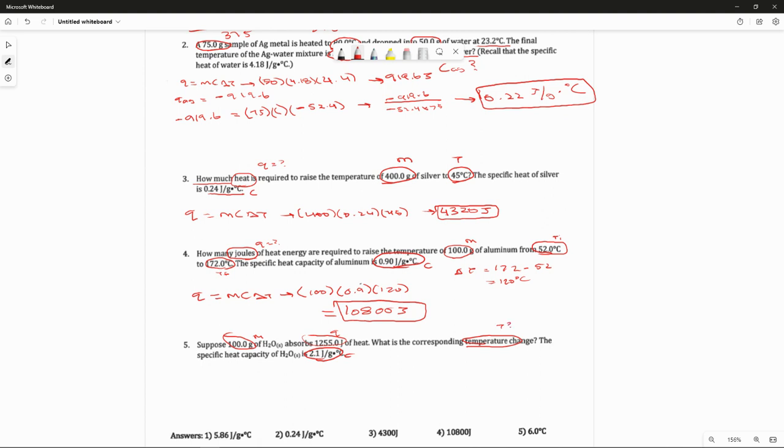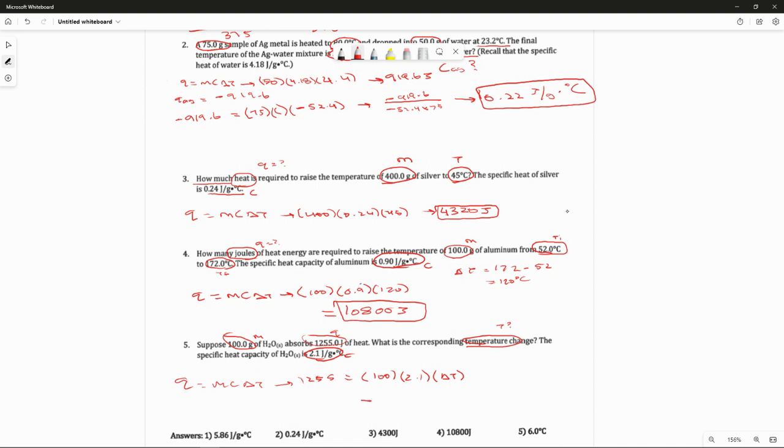Now, all you got to do to set it up is use the same equation, Q equals mc delta T. And then you're going to plug in, this time, for Q, 1255 equals mass 100 times C 2.1 times some delta T. And now all you got to do is multiply 100 times 2.1 and then divide it into 1255.